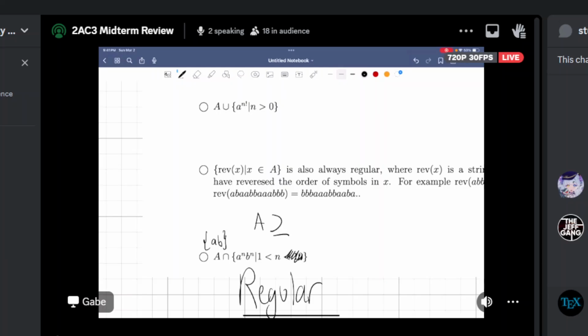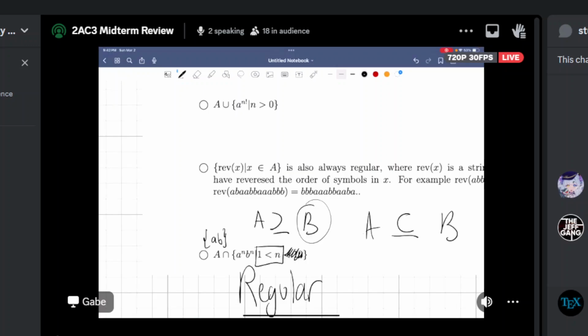A is a superset of what's on the right. If that's the case, then it just gets reduced to B. But if A is regular and is a subset of whatever was on the right, then it would still be regular. That's actually a good point.